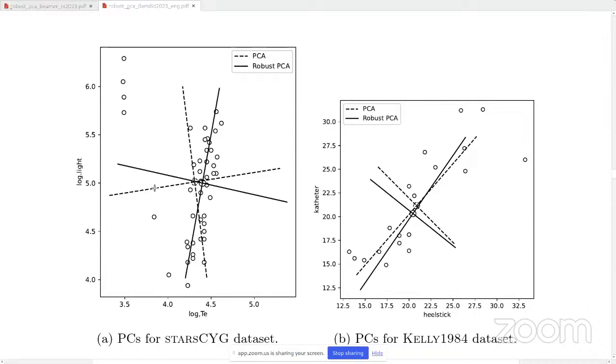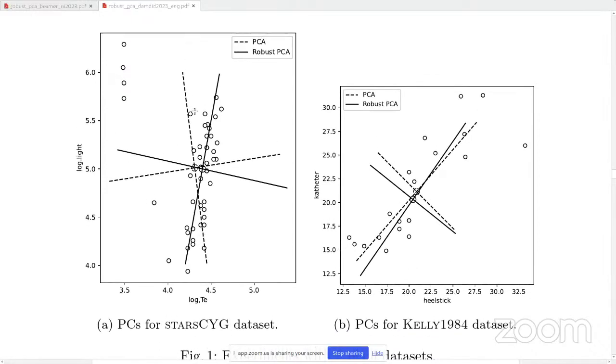On the x axis is the logarithm of effective temperature, on the y axis the logarithm of the luminosity of the star. We see that four and two points may be considered as outliers.